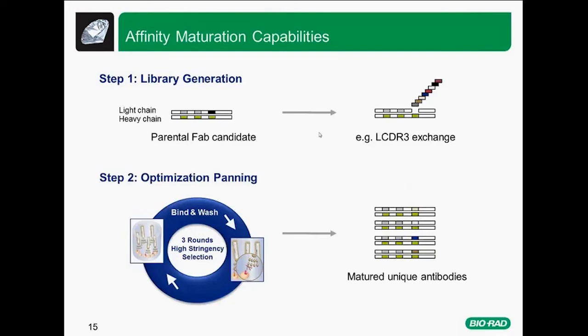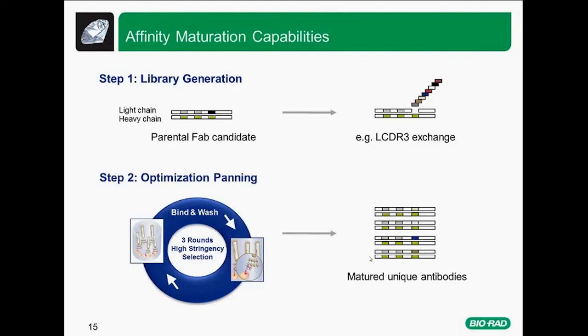So we generate a new library and then do another panning with higher stringency. For example, a higher washing stringency, many washes, longer washes, or also a reduction of antigen in the different panning rounds. And then we usually end up with affinity matured unique antibodies.